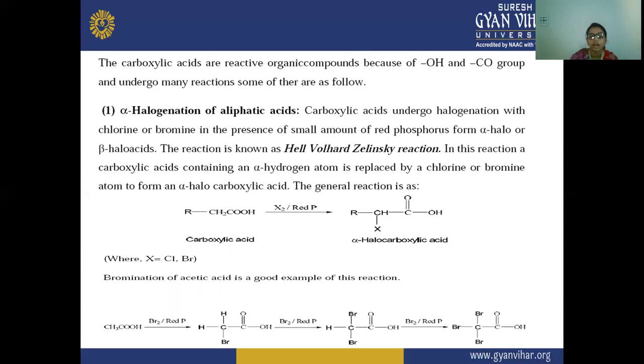Again there is halogenation, and again the bromine attacks this position, until one hydrogen is left. Till then the bromine will attack. In the last step, you can see all the hydrogen atoms have been replaced by bromine from the halogen, and the alpha halo acid is formed.